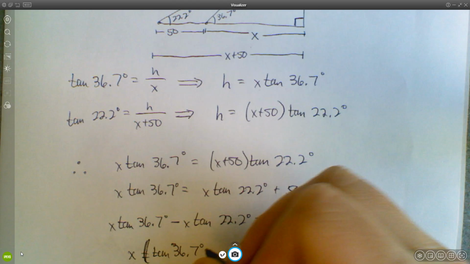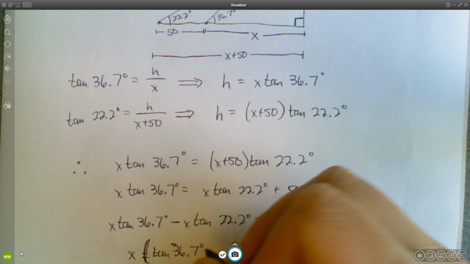And you can pop all of that into your calculator now and see what you get. How many sig figs? Just one sig fig? Maybe we'll count this as 2 sig figs. I'm going to go 2 sig figs. Let's see what we get.